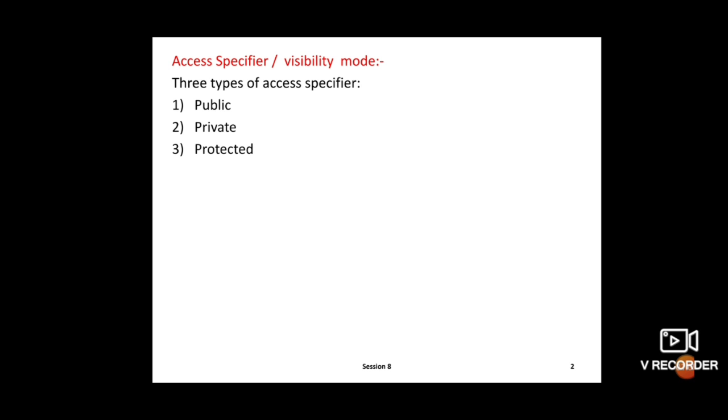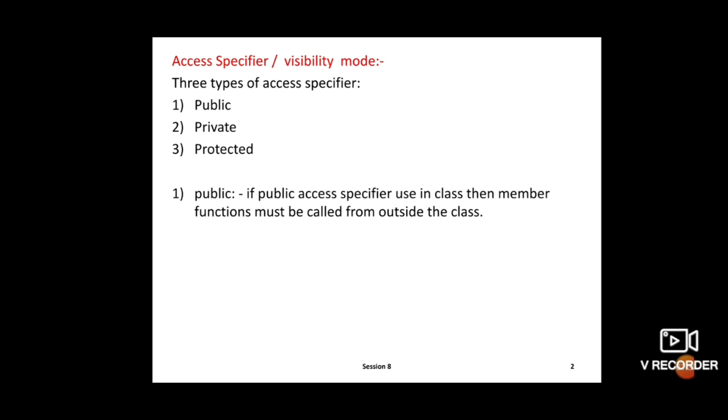Now you know public and private because we have already seen them in the class declaration syntax. Now see what is the actual meaning of public, private and protected. Let us first take public.